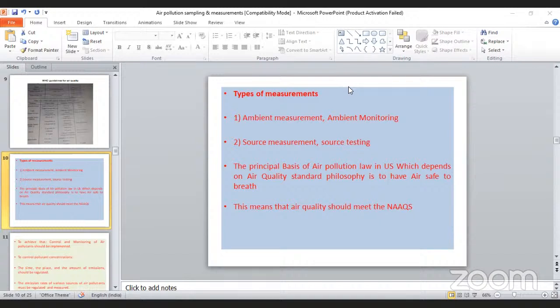Monitoring of pollutants: particulate monitoring and gaseous pollutant monitoring. Particulate monitoring is usually accompanied by manual measurement and subsequent laboratory analysis.